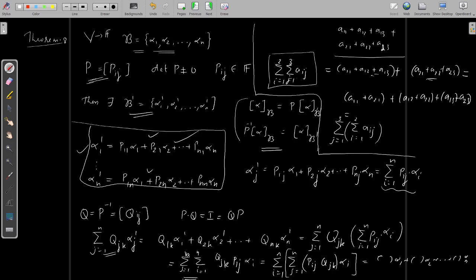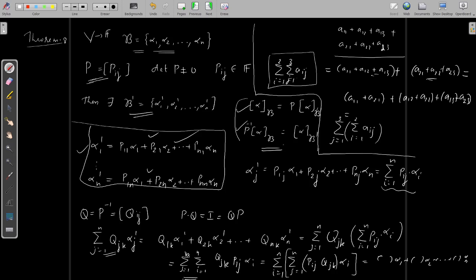Now the idea is, first we take this B and the entries of P, construct this B prime, and we have shown that this B prime is a basis by showing that it spans V. Once we have proved that B and B prime are bases, by the construction of these alpha j primes, we can say that this trivially holds. This we have discussed in theorem 7 as well. So this proves theorem 8.